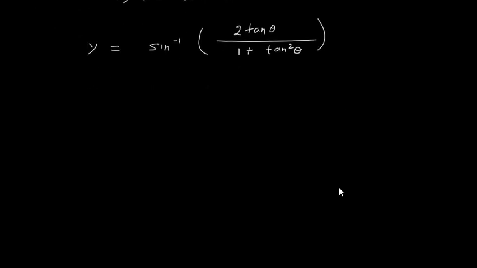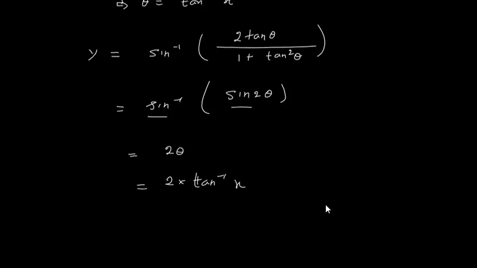Now as we discussed the formula, 2 tan theta upon 1 plus tan square theta is sine 2 theta. And this sine inverse and sine function will cancel and we have the answer 2 theta. So it is 2 into theta, you can write tan inverse x.